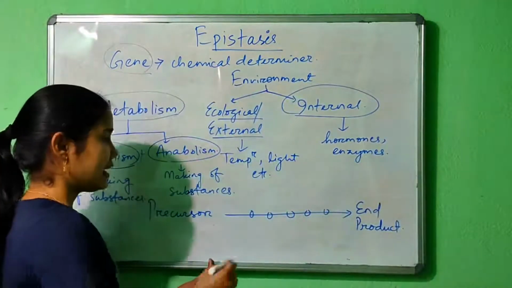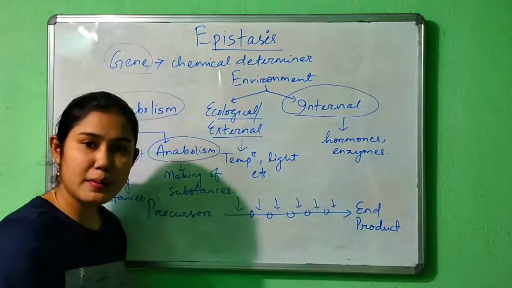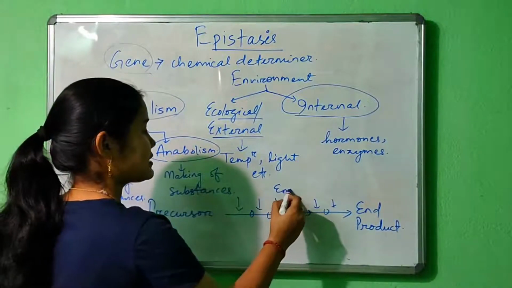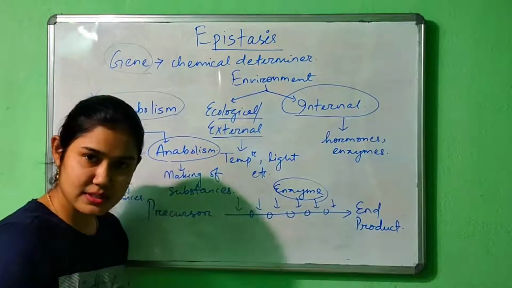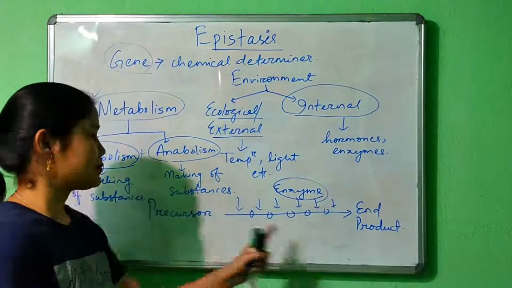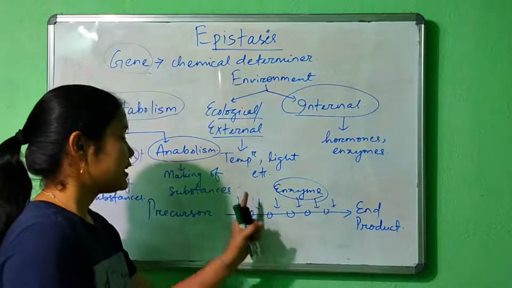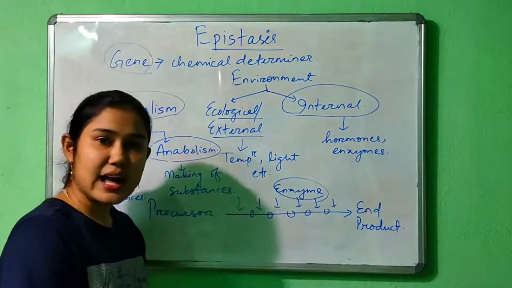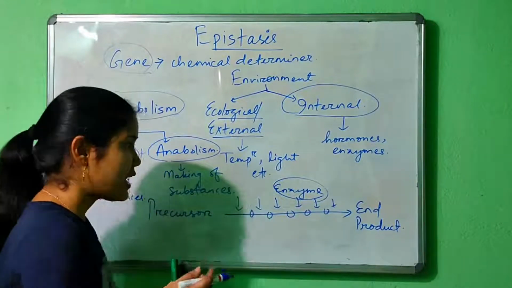Clear? And each of these steps is catalyzed by what? Enzymes, right? Each step of the process where the precursor gets converted into the end product is catalyzed by various enzymes.